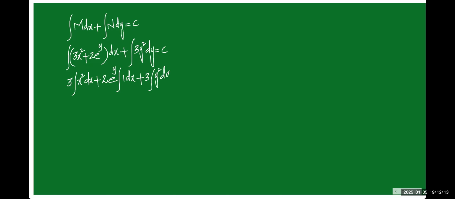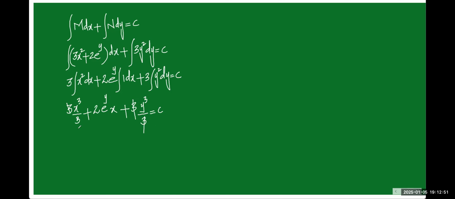If you are a student of engineering, you can easily understand what I am going to tell you here in this problem. X² integration is x³/3. You know the formula, x^n integration is x^(n+1)/(n+1). Plus 2e^y as it is, the integration of 1 dx is x, plus 3 into the integration of y², which is y³/3, equal to a constant.